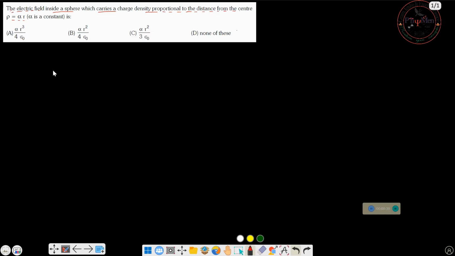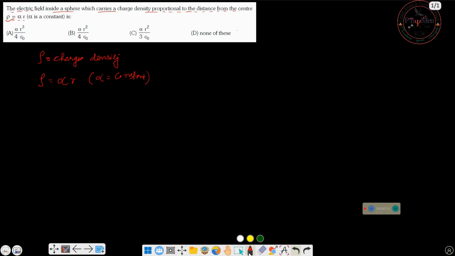Rho is the charge density, given as rho equal to alpha r, where alpha is a constant.